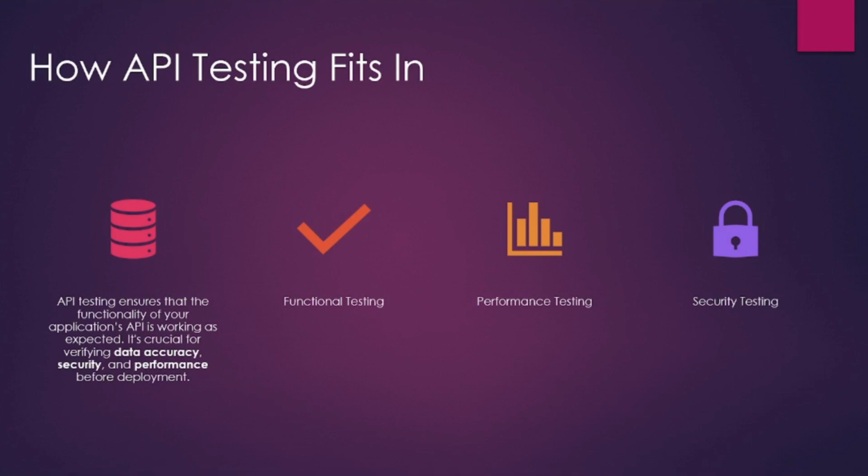So we do different types of testing on APIs, such as functional testing, performance testing, security testing. So in the next part of the series, we will dive deeper into how to test these APIs and best practices for ensuring their quality.